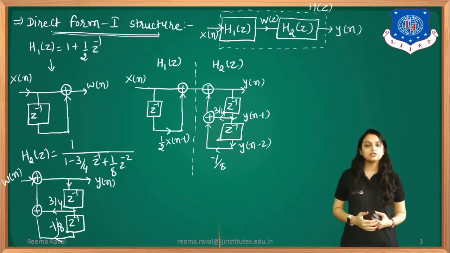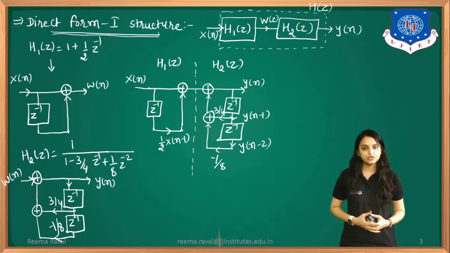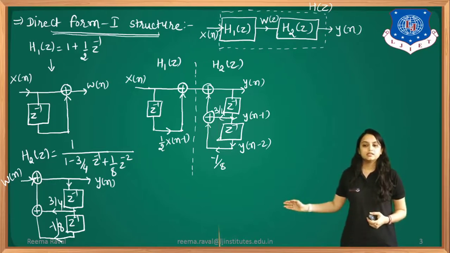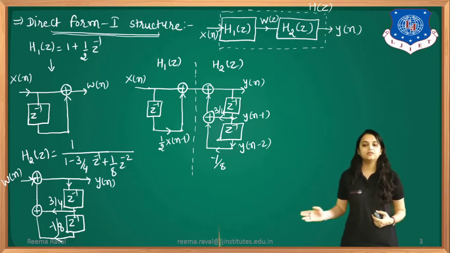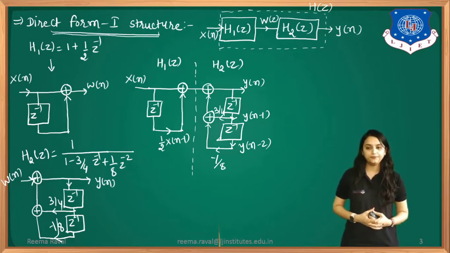Then H2 of z. What is H2 of z? It is 1 upon 1 minus 3 by 4 z inverse plus 1 by 8 z raised to minus 2. So in the second structure, as it is in the denominator, we need to show the sign inverted along with the constants. Where we have minus 3 by 4, we need to show plus 3 by 4, and where we have plus 1 by 8, we show minus 1 by 8.